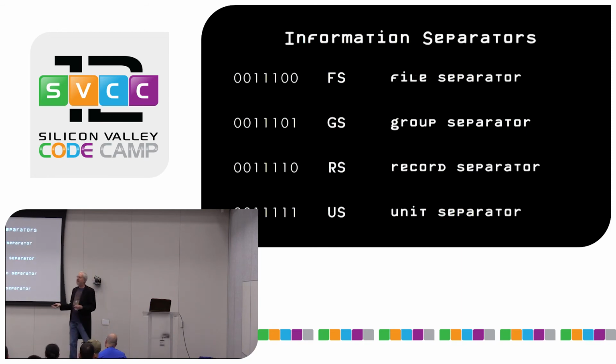Then they added some characters for formatting data. So there's a file separator. A file is made up of groups. A group is made up of records. And a record is made up of units. And you've got all of these characters to separate them. Except it turns out that the fields in a record want to be labeled or named somehow, and sometimes a record wants to contain other records, subrecords.